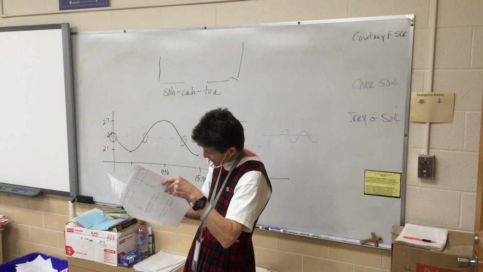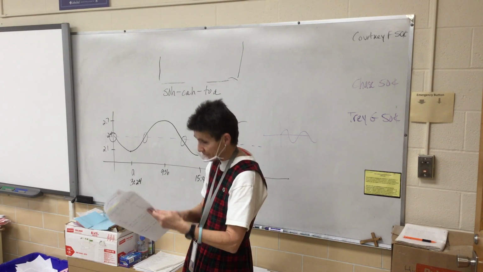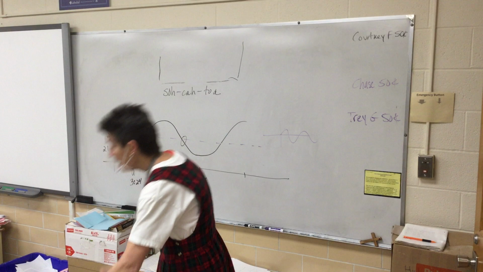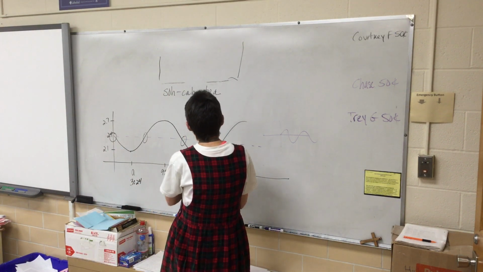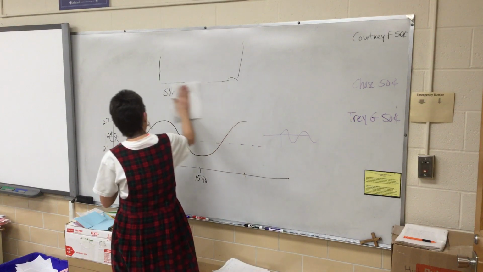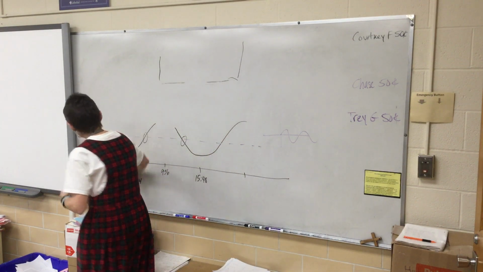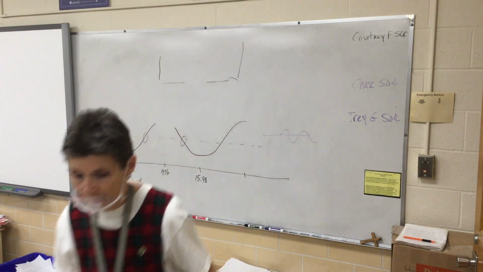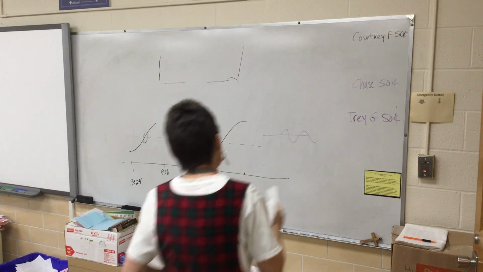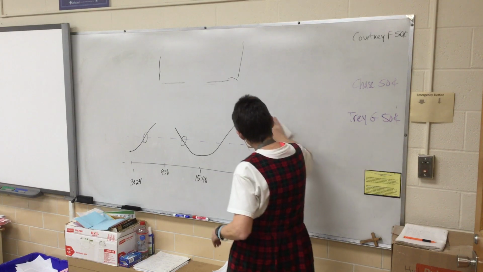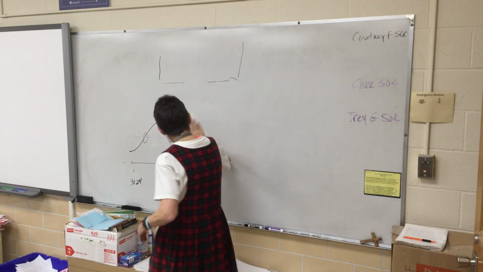Did we do all the parts then? Yeah. Okay, so now, big day. Now we're going to graph the other functions. We had kind of a head start with the sine and cosine because they were our BFFs.